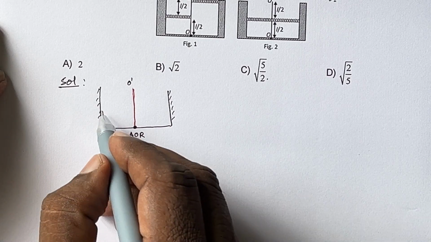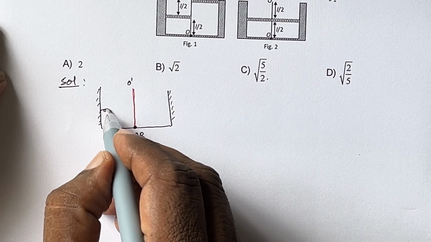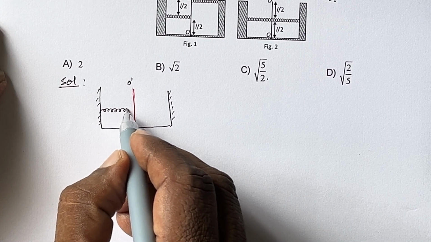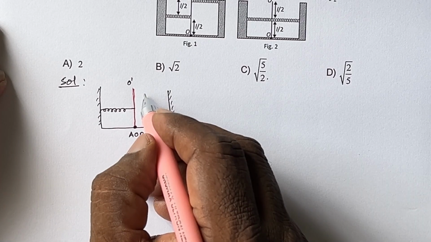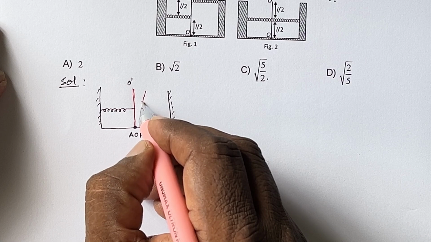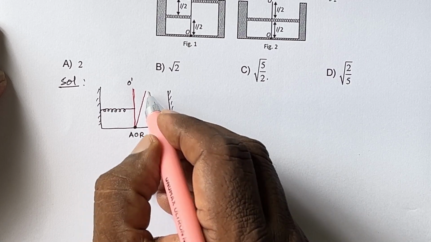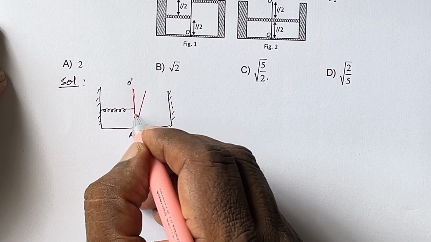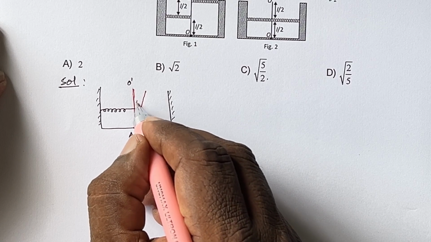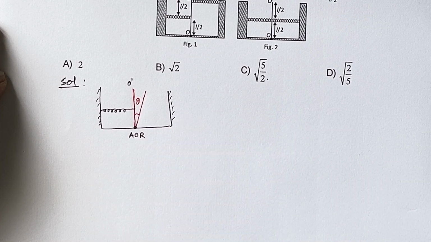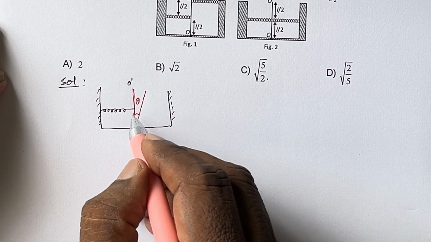First of all, let us take this spring. If we displace the rod through a small angular displacement theta, this is at the midpoint.